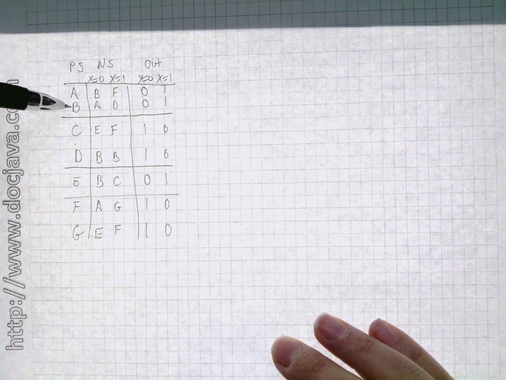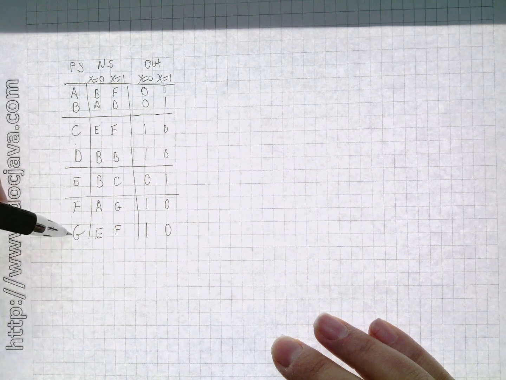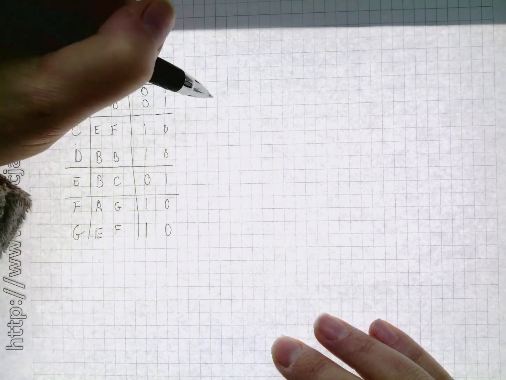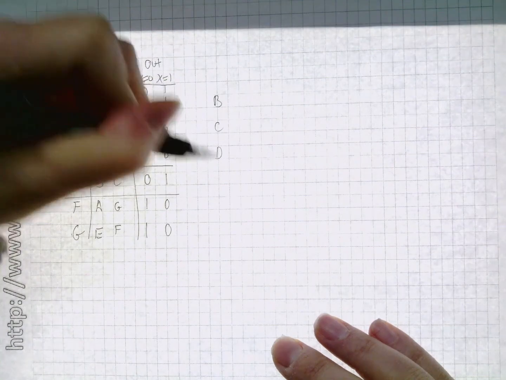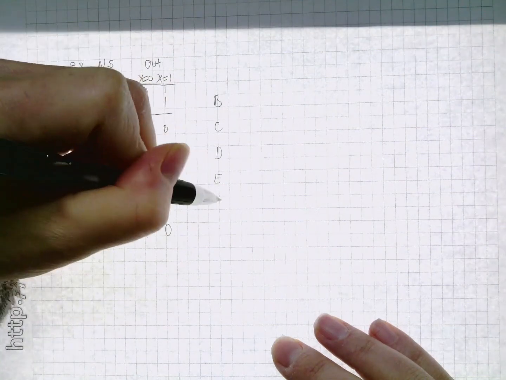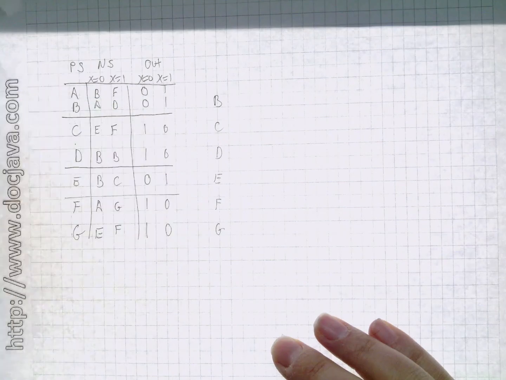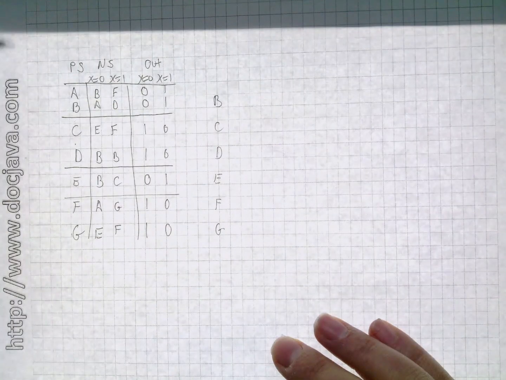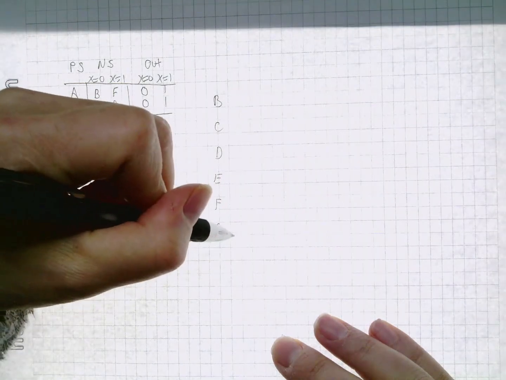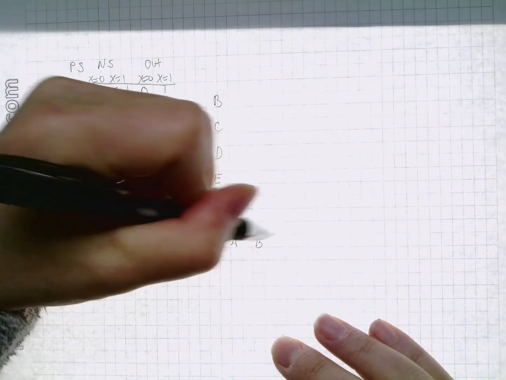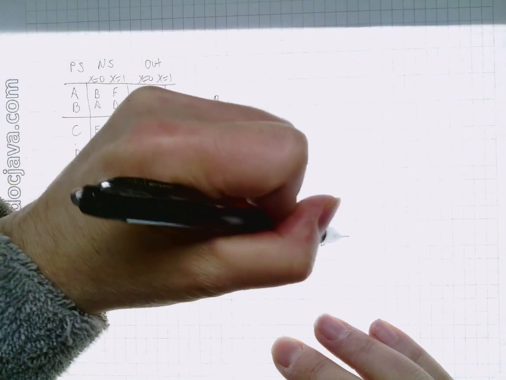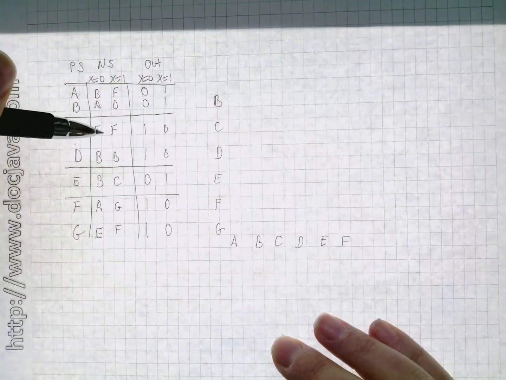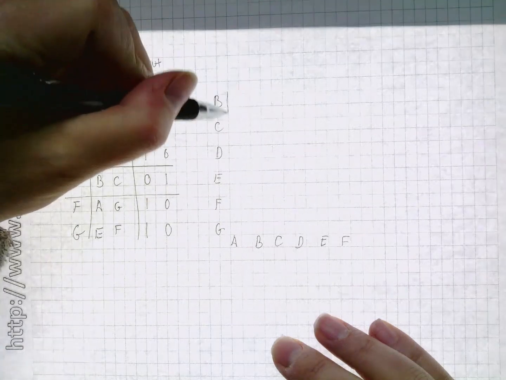I start at B and work my way down to G. And then I'll start at A and work my way up to F. Now I'll make a lower triangular matrix.